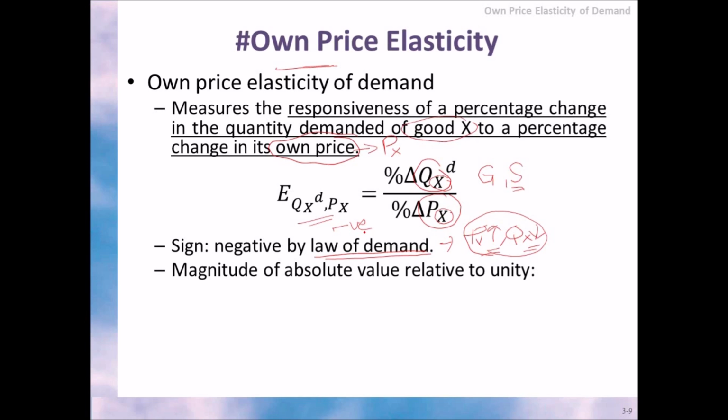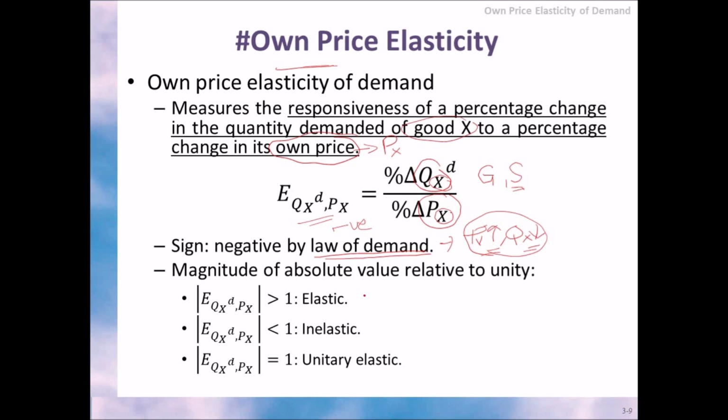If we want to interpret the result, this is what you learned last time. We have 3 types: the demand is elastic, the demand is inelastic, and the demand is unitary elastic.